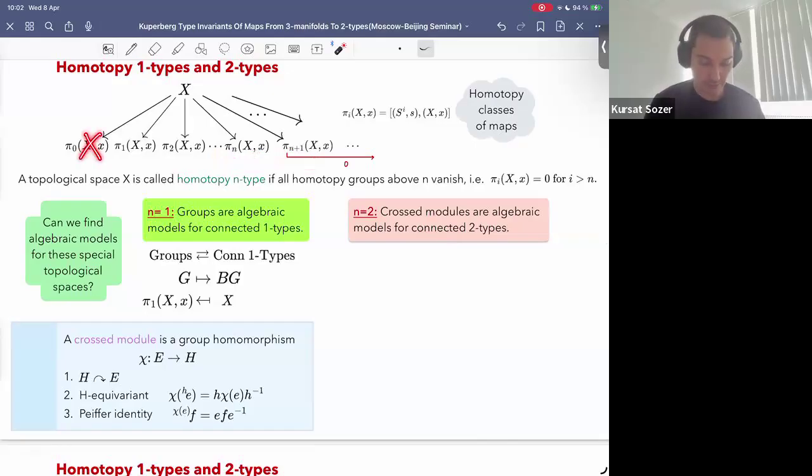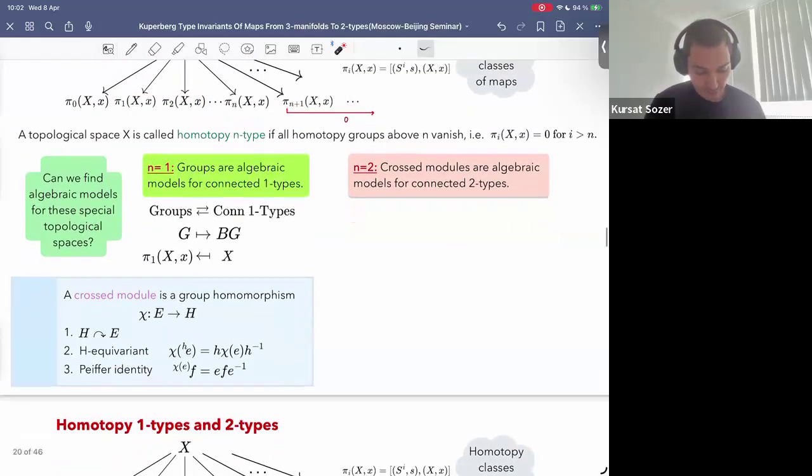So pi 0 is also a singleton. So we have 2 groups. And crossed modules are algebraic models for connected 2-types. So what is a crossed module? It is a group homomorphism where the second group acts on the first and acts on itself by conjugation. And this map is H-equivariant. So this is an action of H on E.